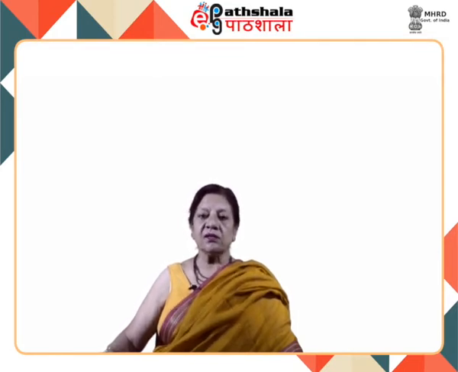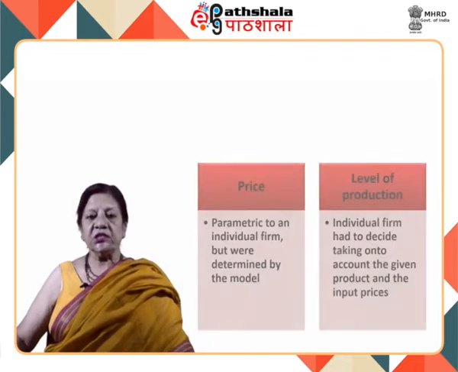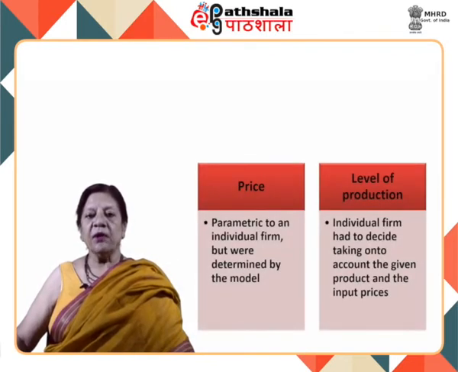The occurrence of any particular state of nature is stochastic. This implies that there is another, that is a third element in the analysis of a firm. In the traditional theory of perfect competition, there were only two elements.